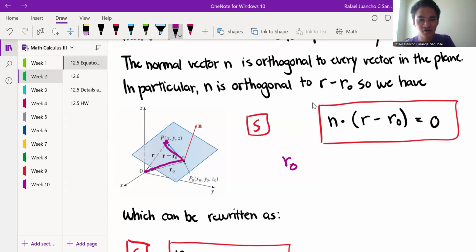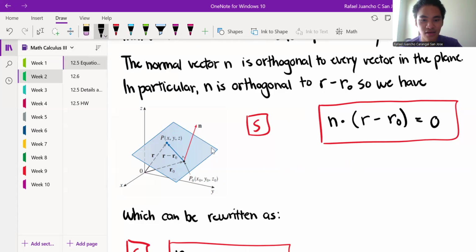We add it to r minus r naught, we add it to this guy here, and what do we get? We get this vector here, r. Mathematically, you just subtract r naught, you get a 0, so r equals r. That's just vector addition.